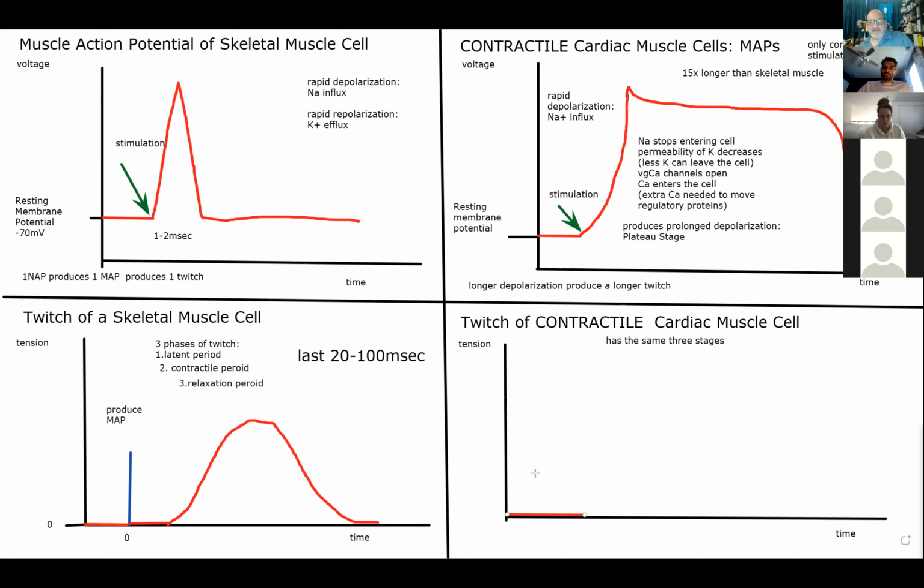There is a stimulation where we produce the muscle action potential. And when that muscle action potential is produced, we get a latent phase, a contractile phase, and a relaxation phase.